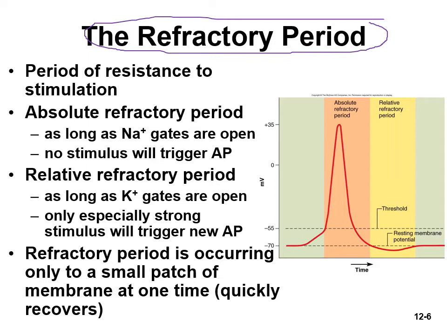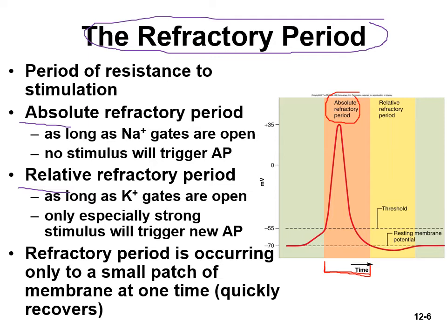So what we have is an absolute refractory period and a relative refractory period. The absolute refractory period is right during the time that the action potential is occurring. Notice here in the pink colored column how the absolute refractory period takes up the same time that it takes us to do our depolarization, action potential, and repolarization.